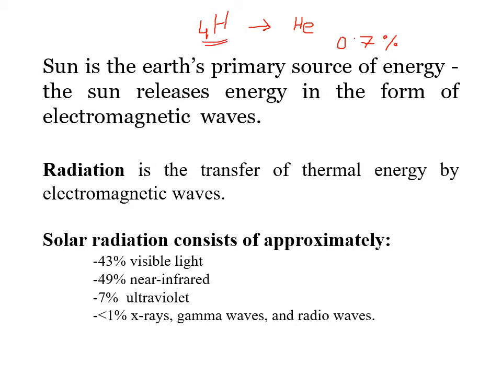So when these four hydrogen nuclei fuse with each other and produce the helium nucleus, a mass reduction is observed. That means this helium weighs less, and that lesser amount is about 0.7% in comparison to the combined mass of these four hydrogen nuclei.